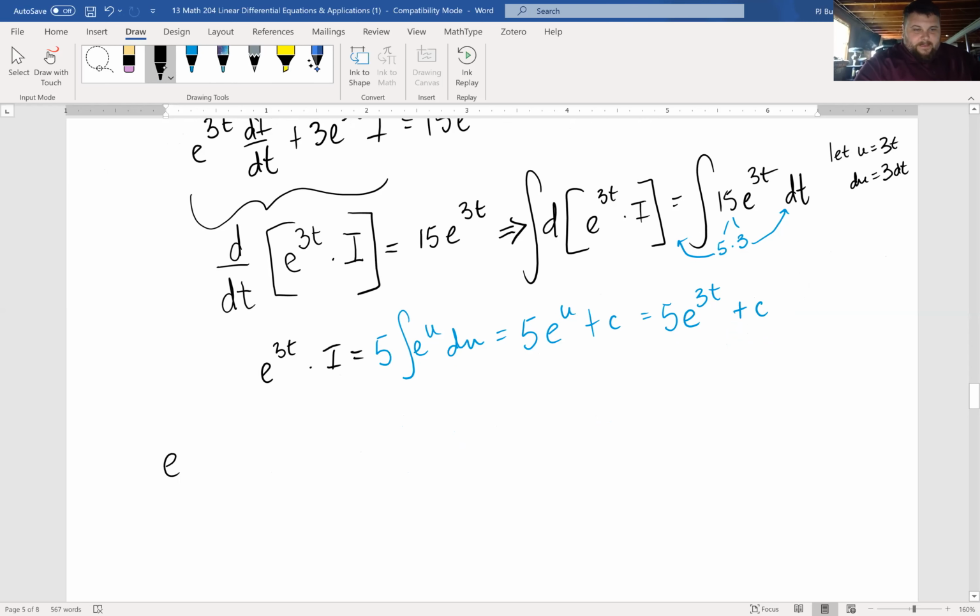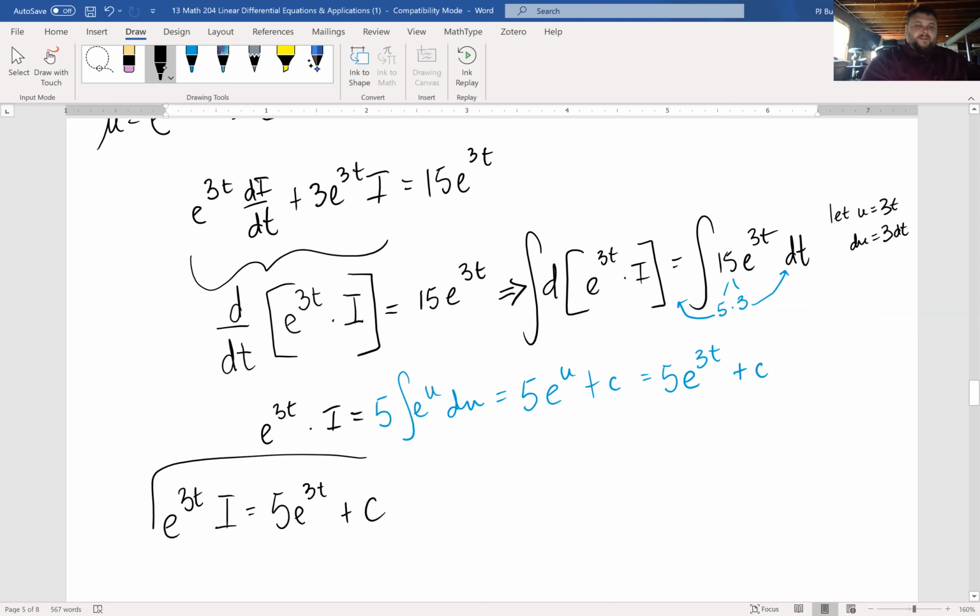So I've got e to the 3t I equals 5e to the 3t plus c. So this could be my general solution, if I wanted to call it that.